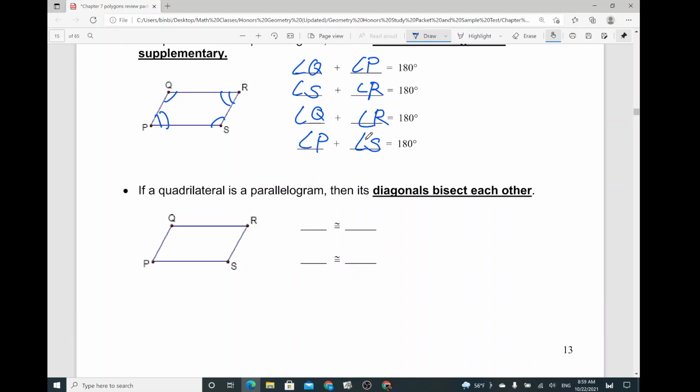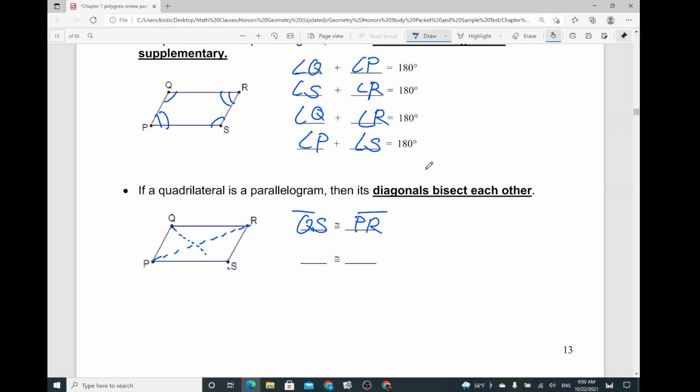If a quadrilateral is a parallelogram, then its diagonals bisect each other. For the diagonals, that means you connect one vertex to another vertex. So for QS, this one is congruent to PR. Okay, that means you can say they bisect each other.